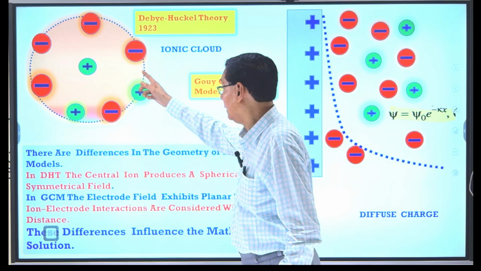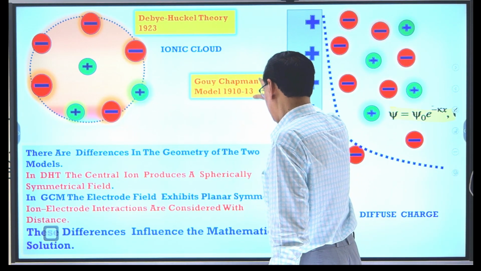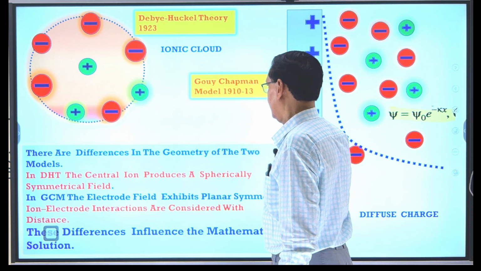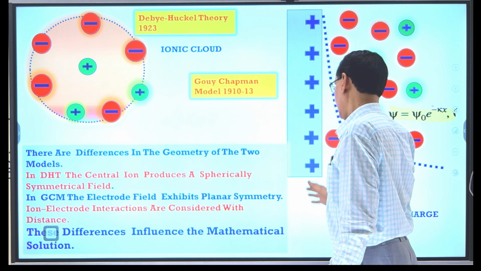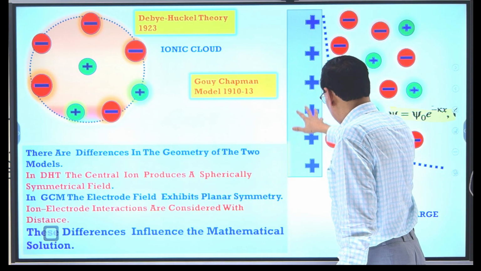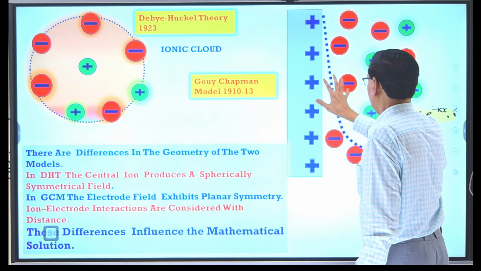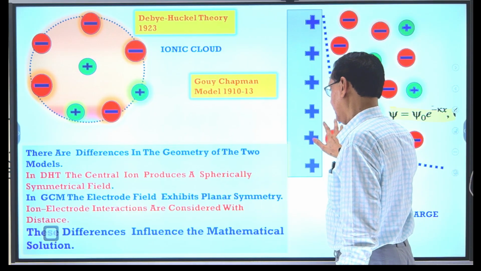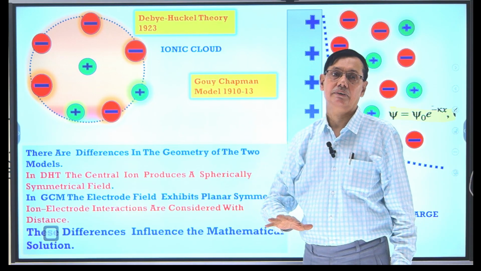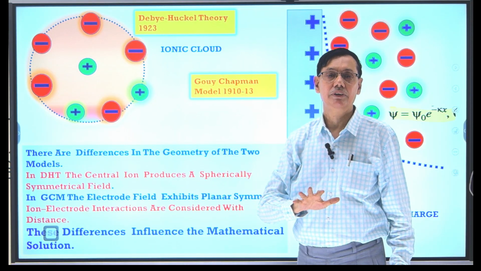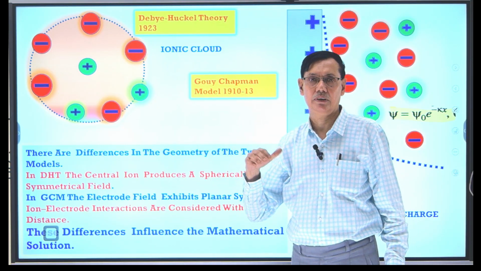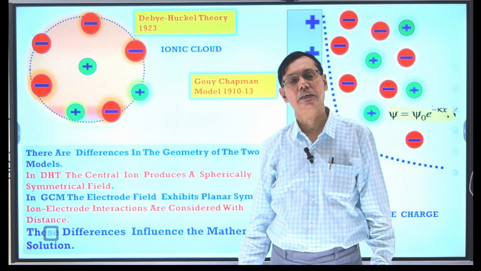Here it is spherical, and here we are taking a completely flat type of model, just like this. So the mathematics may be different. Here we will use some parabolic concepts and hyperbolic functions and other things.